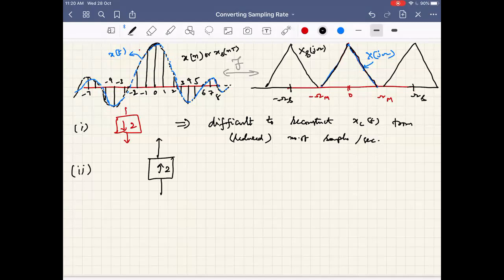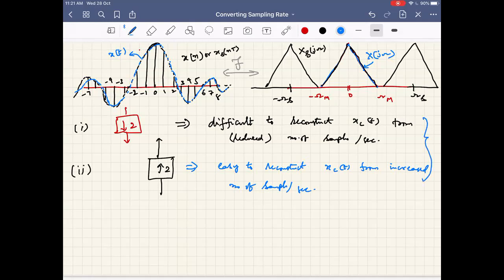What is the implication? If I take more samples, is it easy or difficult to reconstruct the corresponding x of t? It is easy to reconstruct xc of t from the increased number of samples per second. These are compared with x of n.